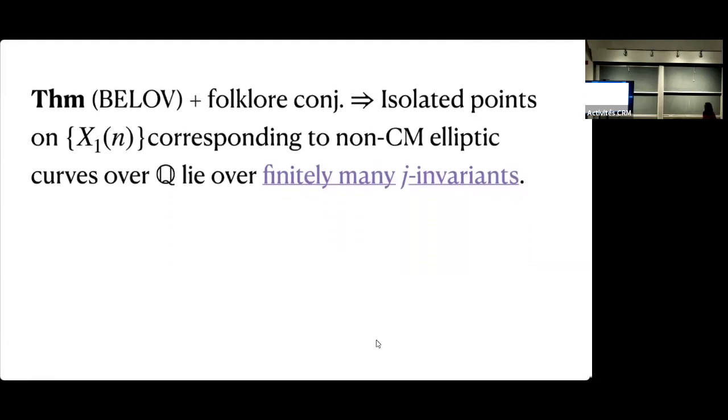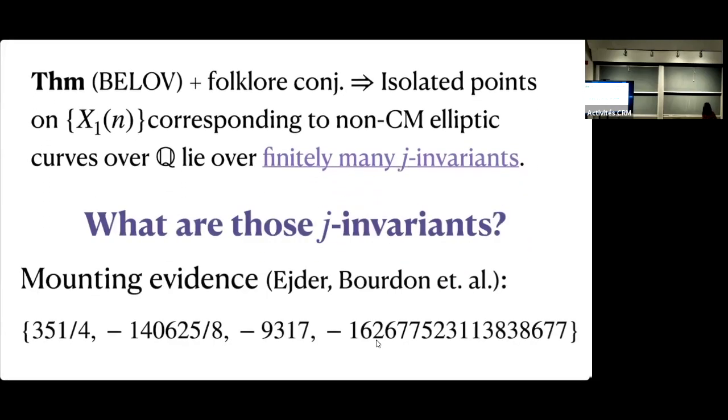And so a very natural question is, what are those J invariants? Two of my collaborators have followed up on this. Ejder has some theoretical results in this direction, particularly for isolated points on prime power level curves. And then Bourdon led a collaboration to try to search from all of the elliptic curves in LMFDB, whether they give rise to isolated points in the tower.